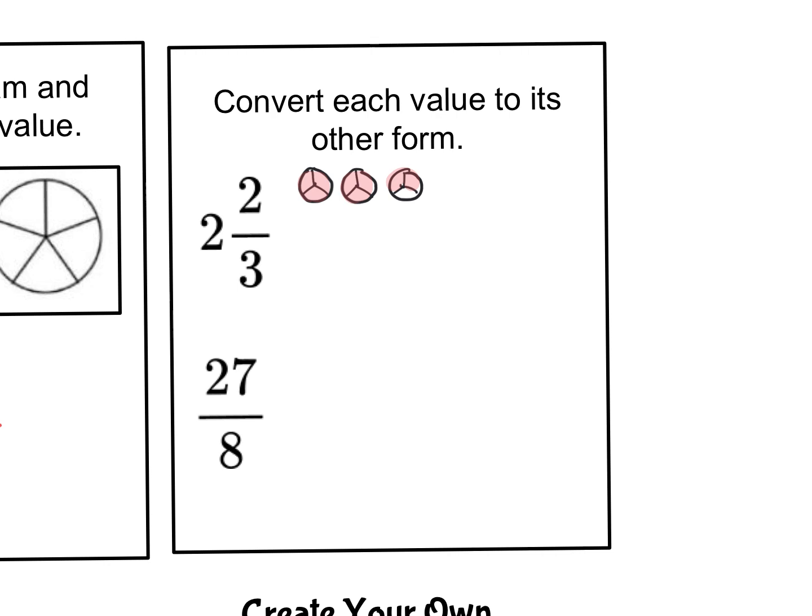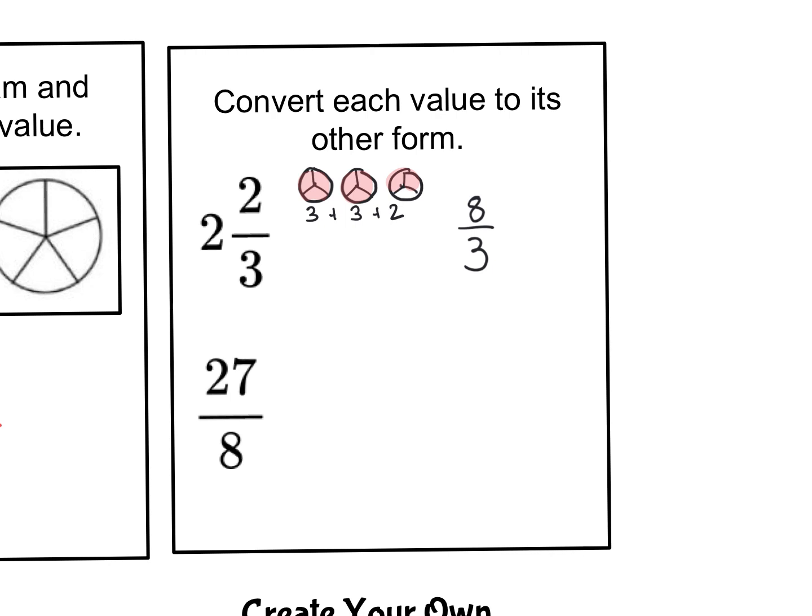So in the end, we have 3 pieces here, plus 3 pieces for our second one, and 2 pieces for that third one. So altogether, the number of pieces would be 8, and since they're cut into thirds, it would be 8/3.